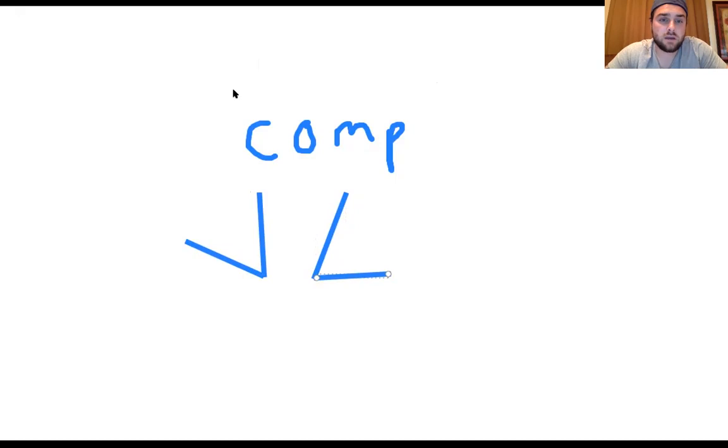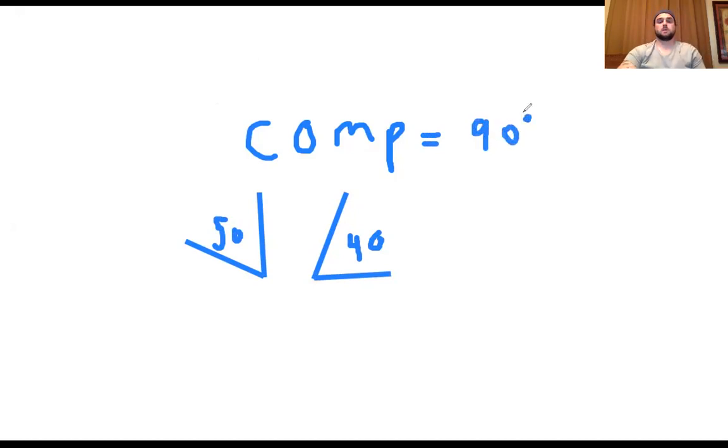And say we had 50 degrees. This was 40 degrees. These would add up to 90 degrees, which is what a complementary angle is. Okay.